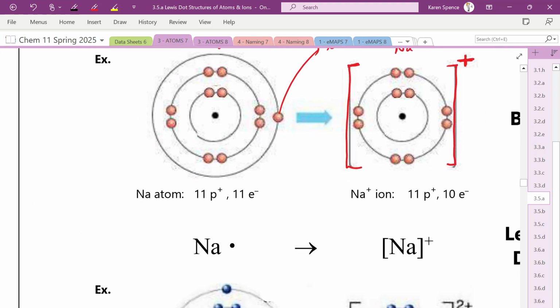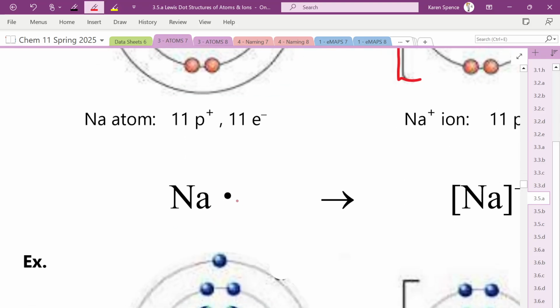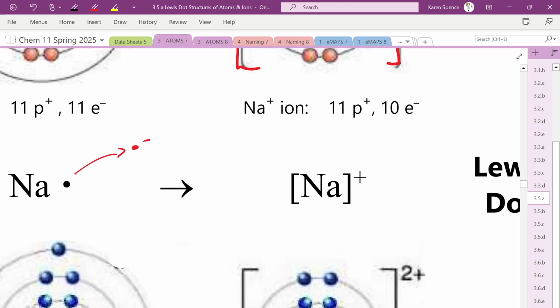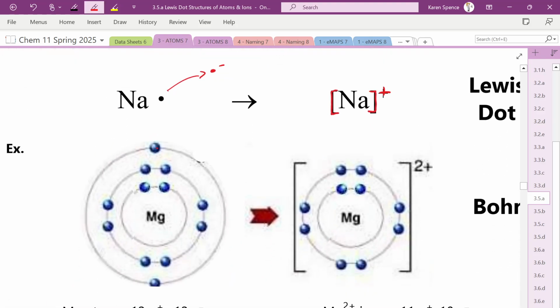So, with a Lewis structure, we take the Lewis structure, which just has that one electron. That electron goes bye-bye. And we are left with Na with nothing. And then we put brackets around it and we put the charge. Magnesium has 2 electrons. For whatever reason, I put one on the top and one on the bottom.